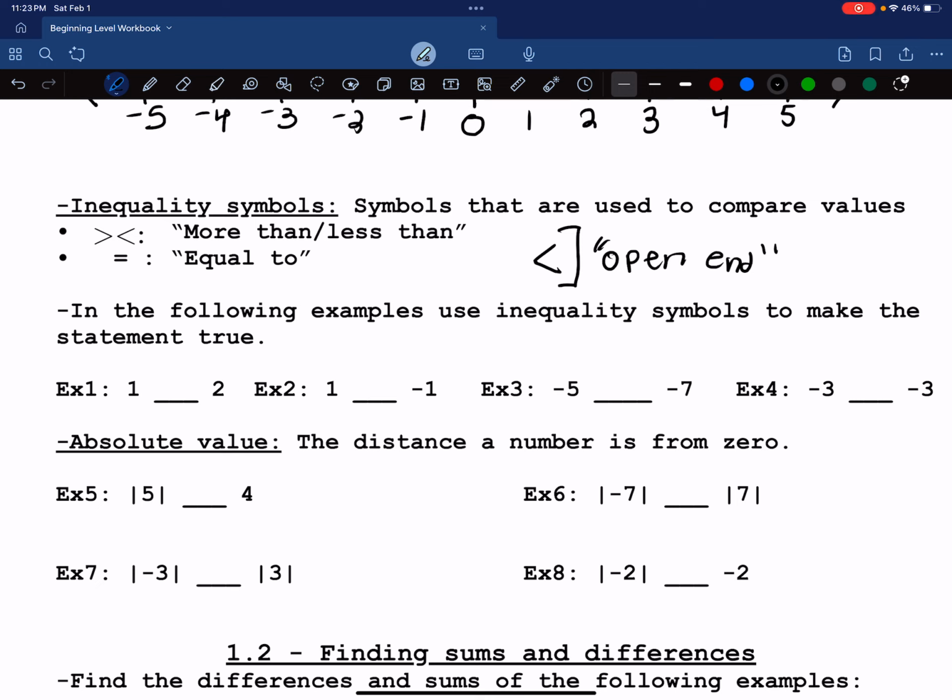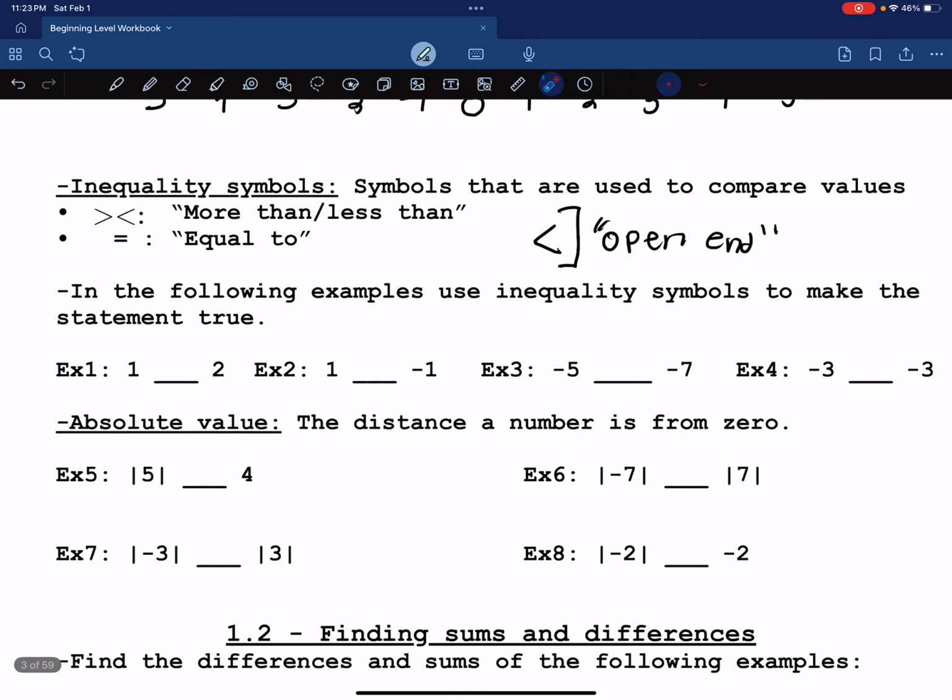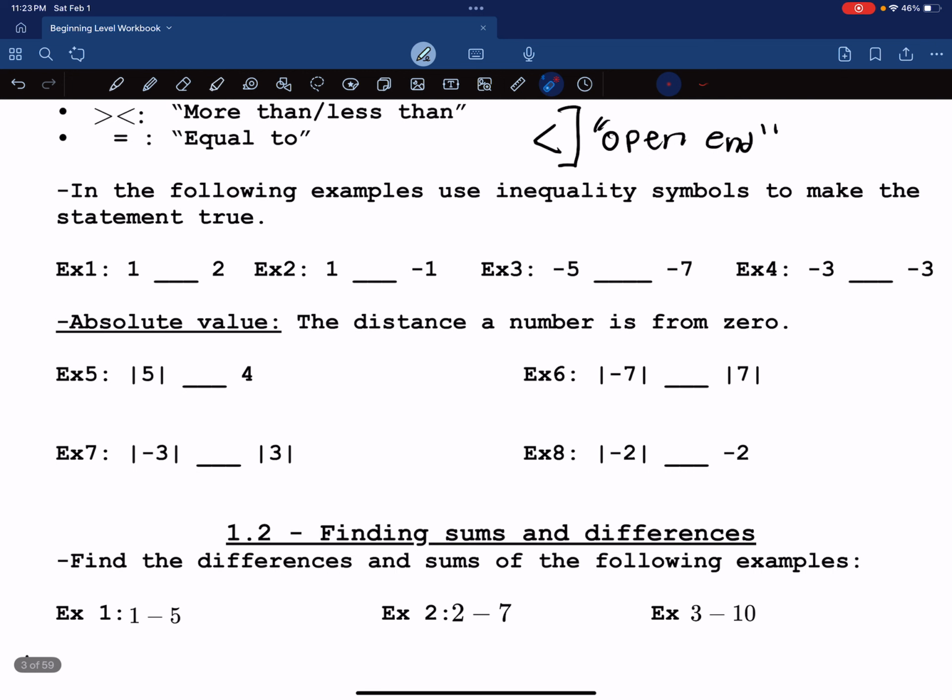And then another thing to note is that you always want this open end of the inequality symbol facing towards whatever the larger value is. So with that in mind, I encourage you to pause the video and work through example 1 on your own before we go through it.